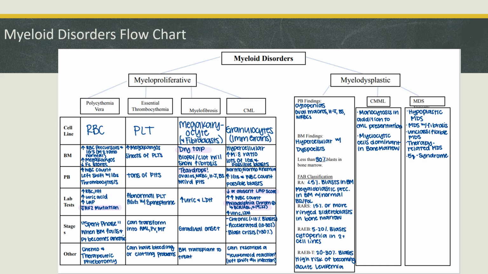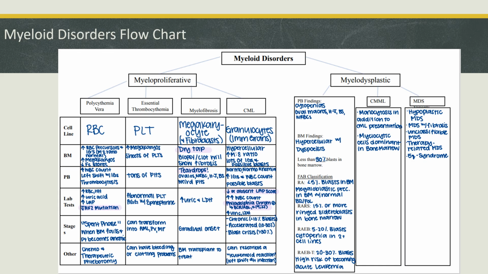So let's go back to myeloproliferation and talk about each of these cell lines and each of these disease states or conditions. Let's talk first about polycythemia vera. Polycythemia vera is a proliferation of red cell precursors, white cells, and megakaryocytes, but there's a predominance in the red blood cell precursors and in the Igs.